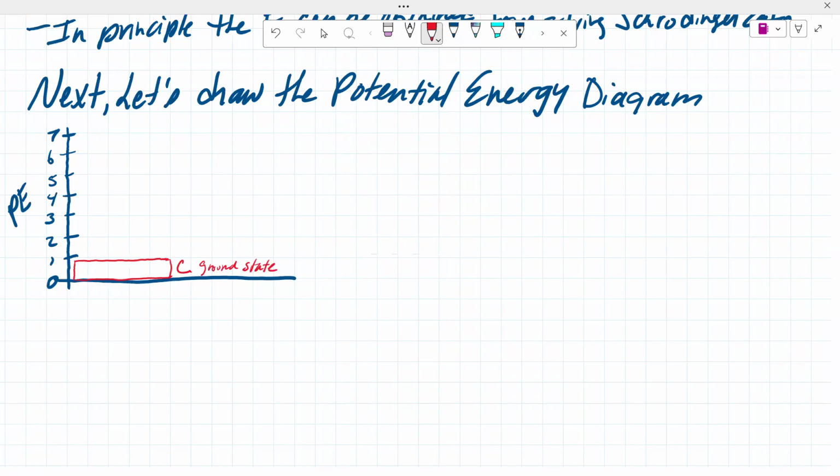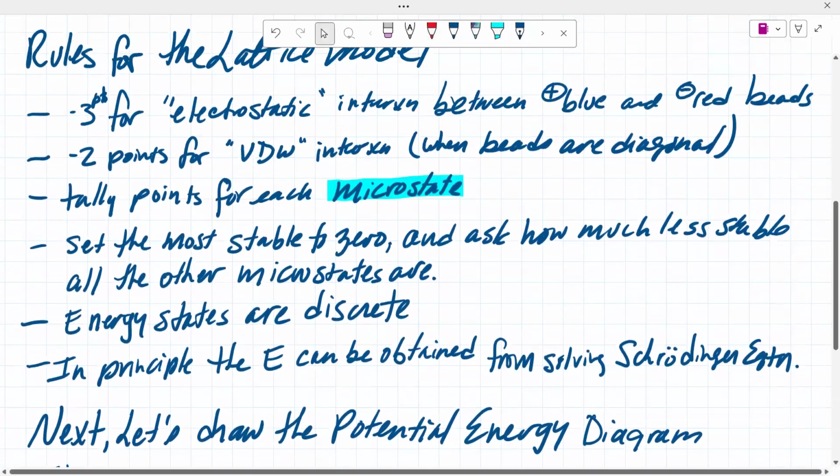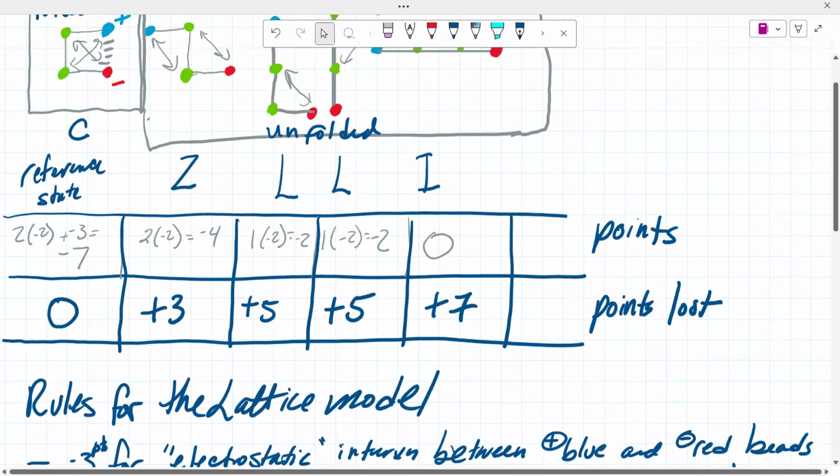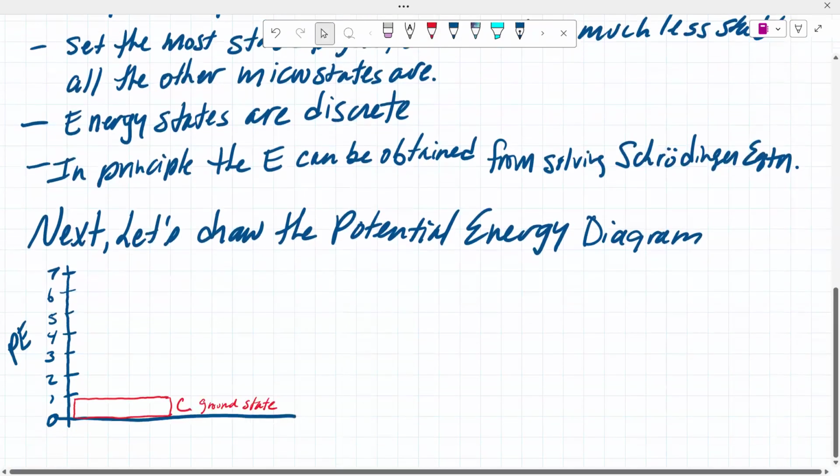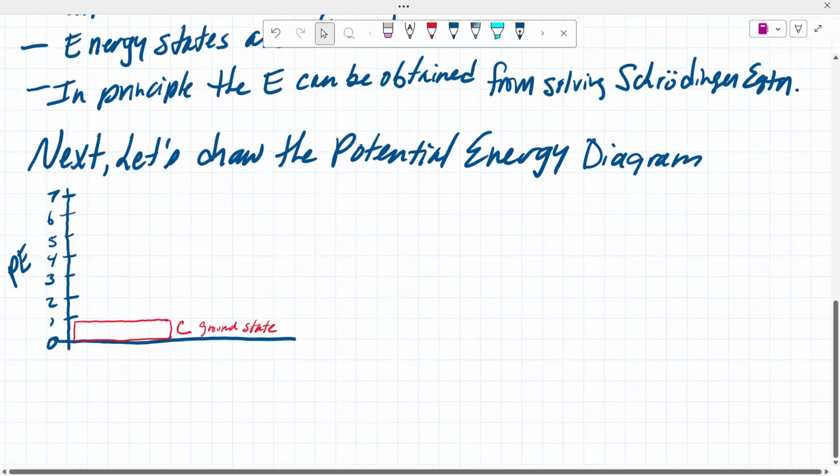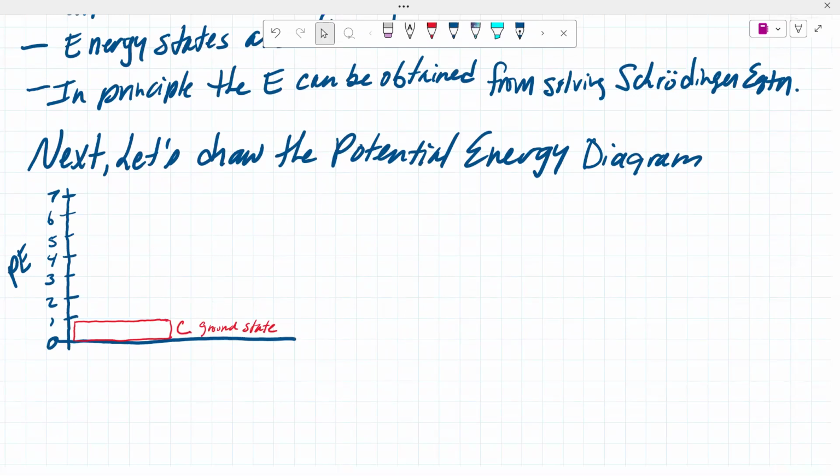And now let's take a look at the next one up. This one had 0, and the next one up is at 3. So we're going to draw a potential energy diagram by going to the 3, sitting on top of the line. I'm drawing them like this.